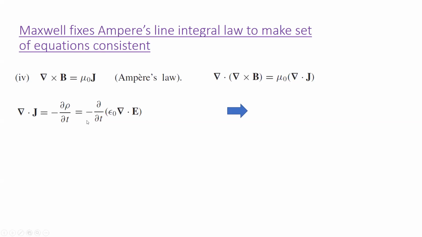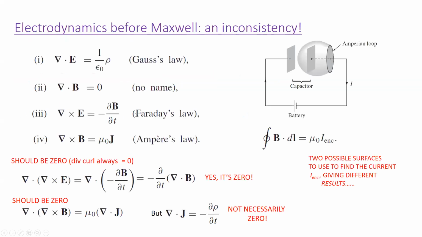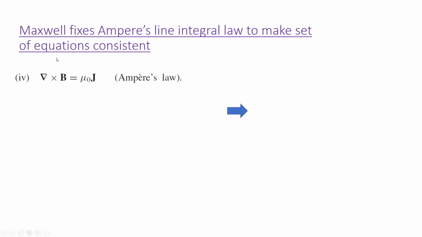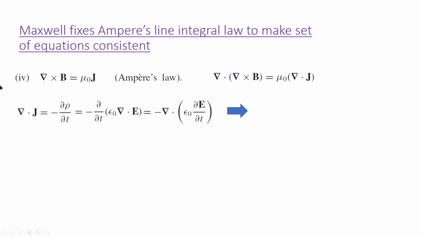According to Gauss's law, rho is equal to epsilon naught times the divergence of E. Okay, so if we come back here, rho would be equal to epsilon naught times the divergence of E. And then we can again interchange the space and time derivatives, and we get minus the divergence of epsilon naught dE dt.